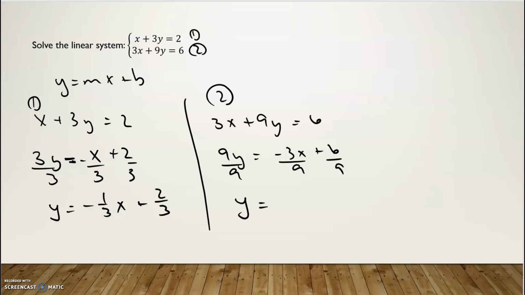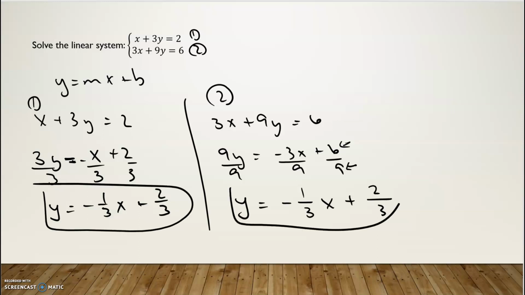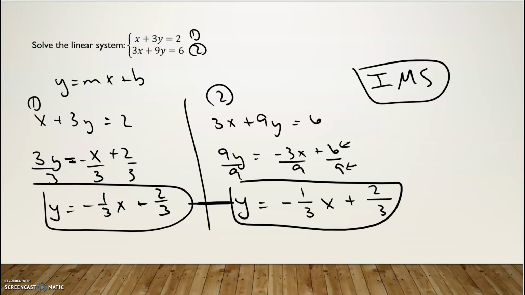So y is equal to negative, take a 3 out of the top, 1, take a 3 out of the bottom, 3, plus, take a 3 out of the top, 2, take a 3 out of the bottom. I'm talking about this one right here. Take a 3 out of the 6, take a 3 out of the 9. Notice it is the exact same line. So since it's the same line, we have infinitely many solutions.